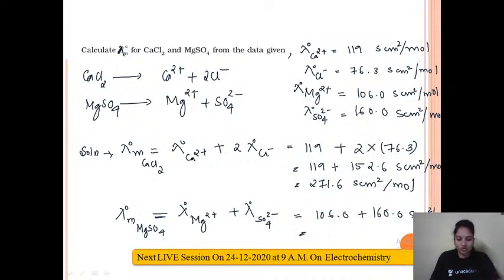So this value would be 266 Siemens centimeter square per mole. So very simple question. That's how you need to calculate the lambda naught M values. These values, lambda naught for different ions, will definitely be given in the question.